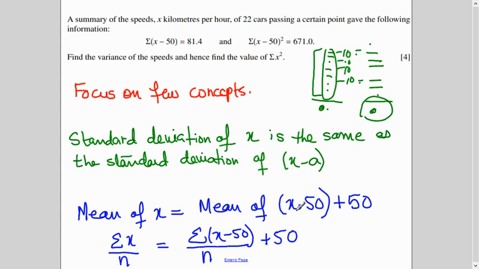And if you have x plus 50 here, then you will subtract 50. So in symbols, sigma x over n is the mean of x. And when you are finding the mean of x minus 50, the answer you get after subtraction is the sum divided by the total number, and plus 50 in this case. I'm talking about this case.